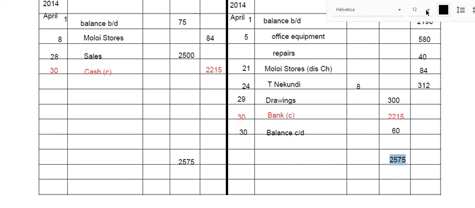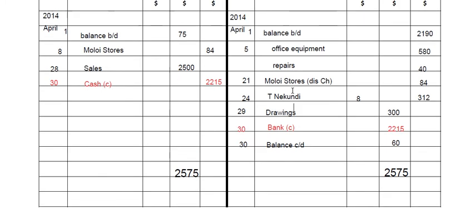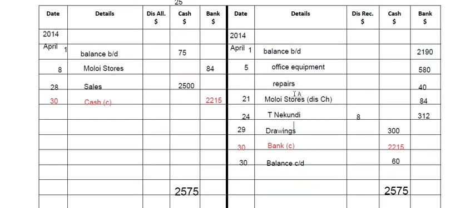So we'll increase the font size here a bit, and we just enter it as total. Okay, so you can see the cash column is adding up to 2575 on both sides. And this 60 you can work out as a balance in the usual way also by adding 75 and 2500 and then subtracting 300 and 2215, you would get 60.